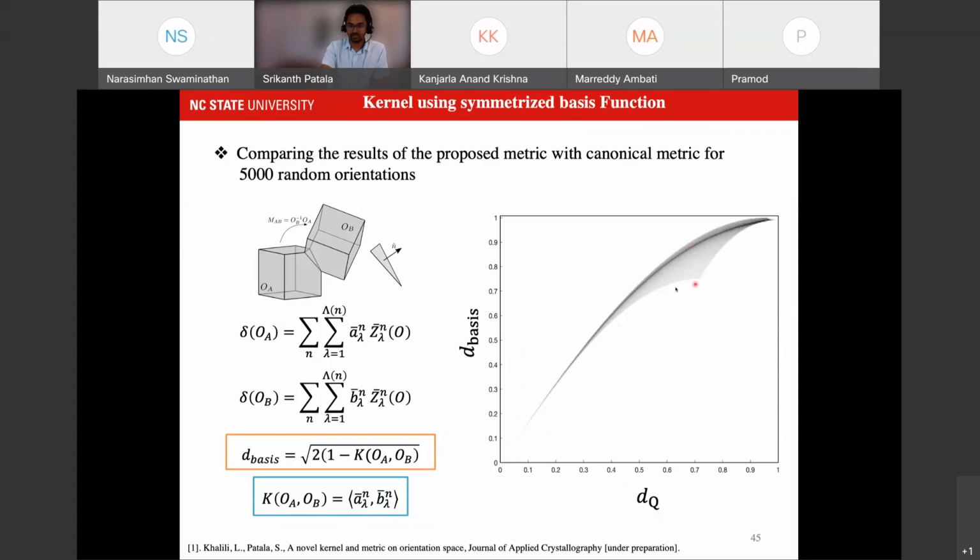At high distances, of course, there's a spread because of the mapping, but this one-to-one correspondence at low distances and a monotonic relation should give you confidence that I can use these basis functions as descriptors for my orientations. As an example, if I were to use the quaternion metric with crystal symmetries, as compared to the basis function metric that I defined here, the basis function metric is about 3 orders of magnitude faster because the crystal symmetries are already built into the basis functions.